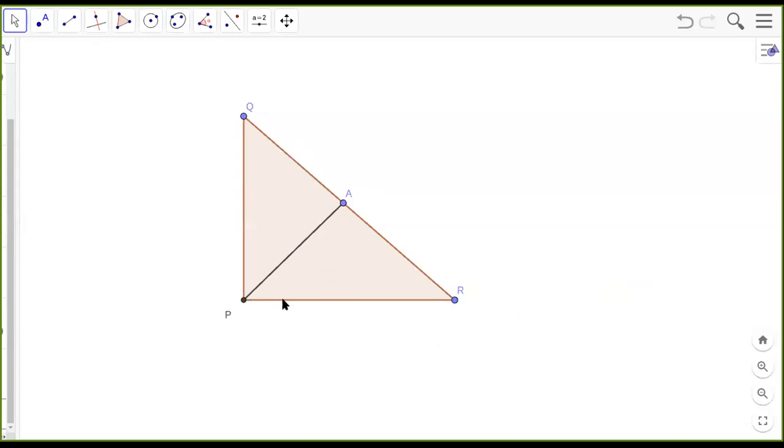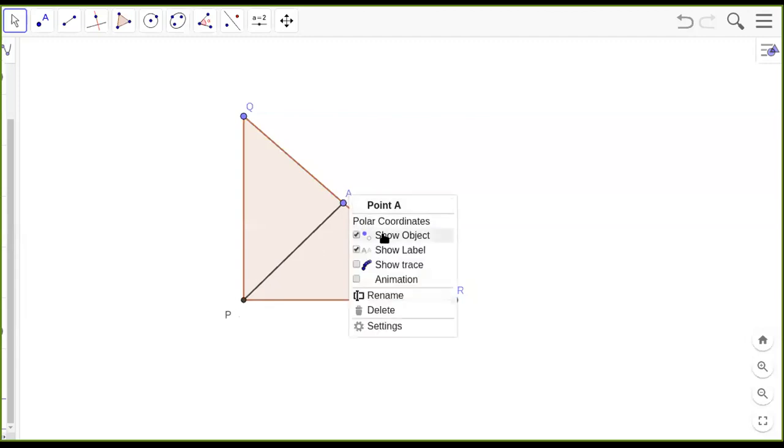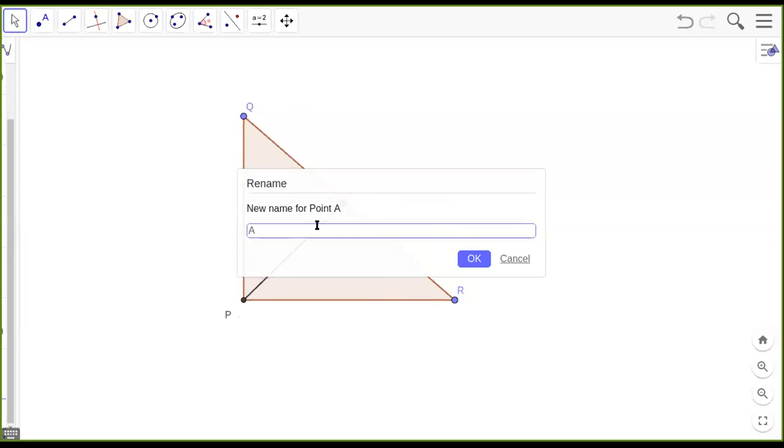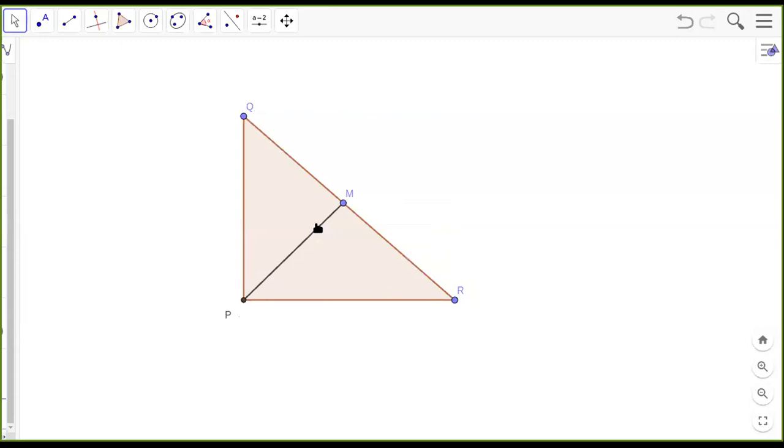I'm juggling between two things. Now, this is the diagram that we have because they are all three right triangles. They are similar to each other. Now I have to show PM square, which is the M. Okay, so this I had to rename as M. So I have to show PM square is equal to QM into MR. This is what I had to show.